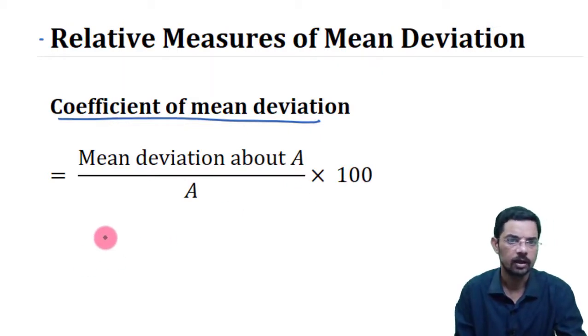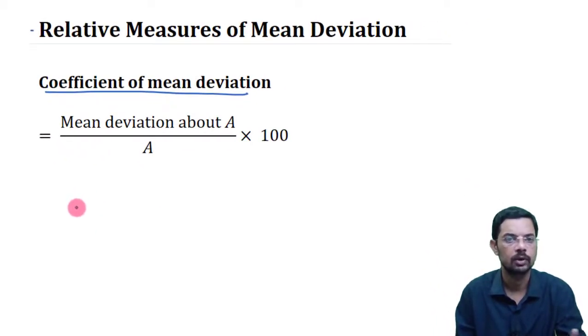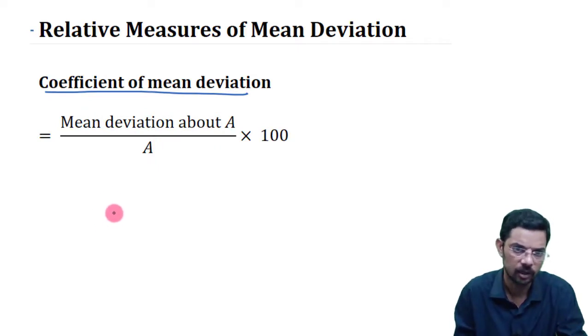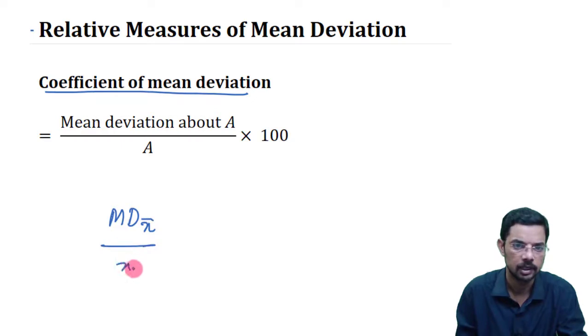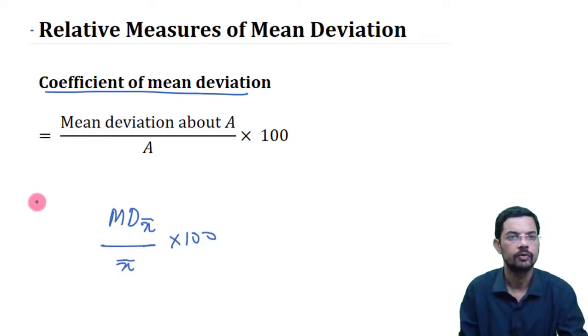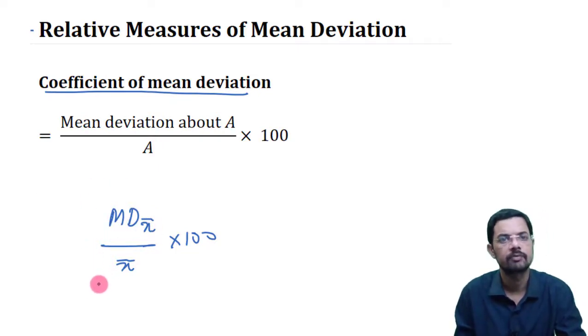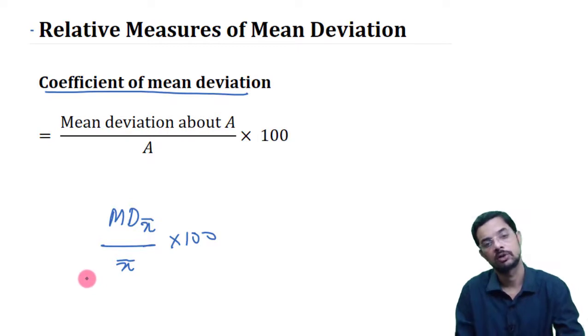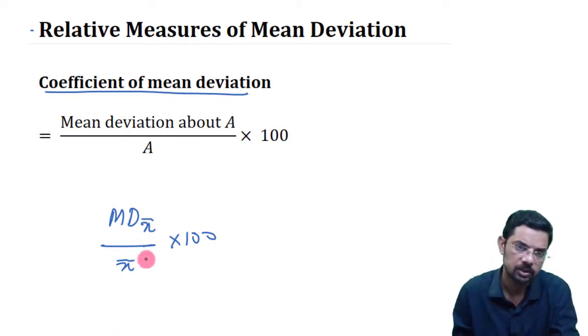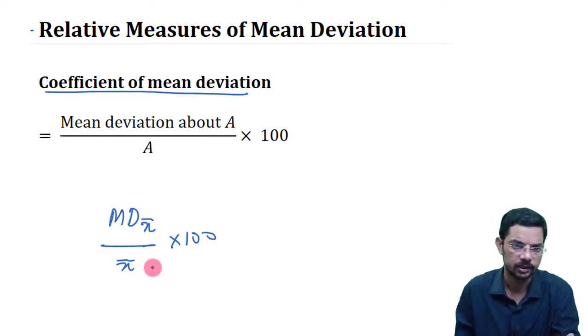So, if we want the coefficient of mean deviation about x bar, then we need to find MD about x bar divided by x bar into 100. That is the coefficient of mean deviation about the mean. If we are finding the coefficient of mean deviation about the median, then instead of x bar, we will use the median. That is the only difference.